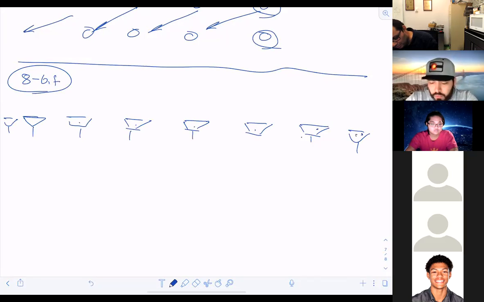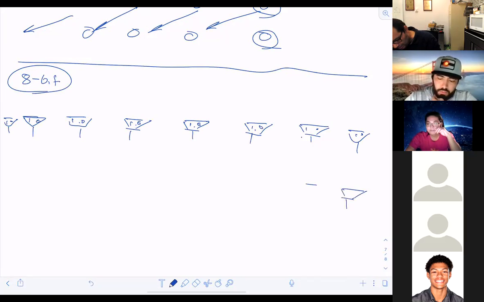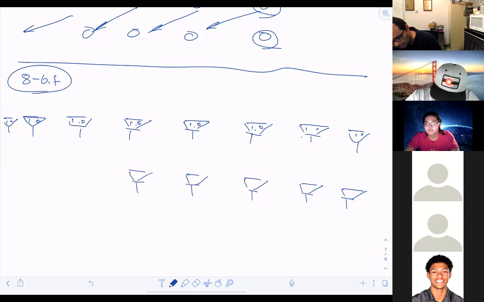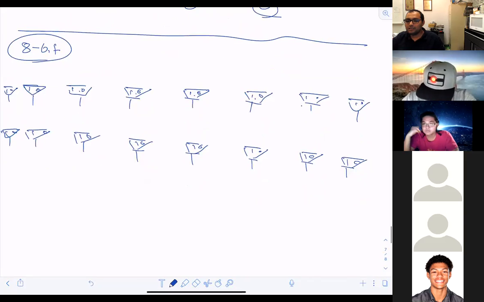We know that it's 8-bit, so log 2 of 8 is 3. That means I have 3 levels, right? So the second level will be here like this. Then the third level.